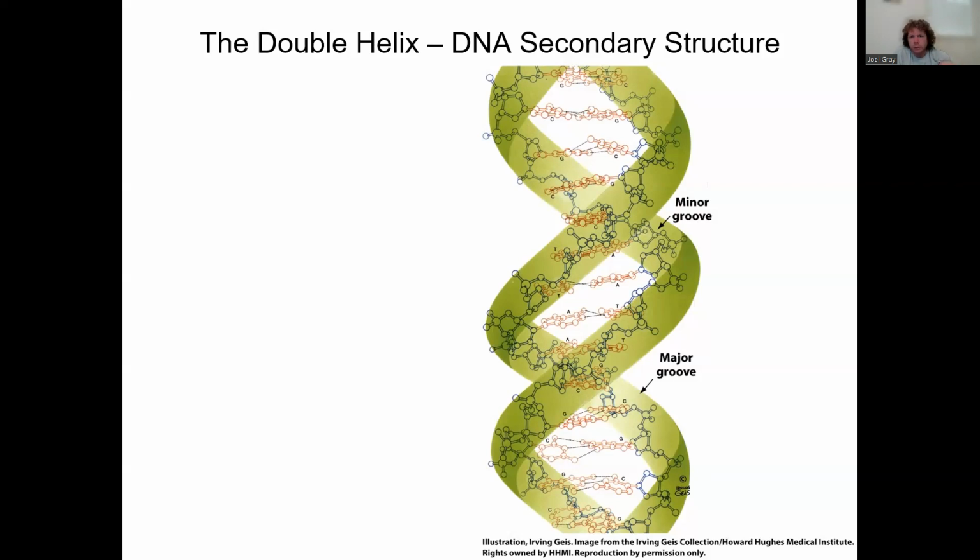Then two other researchers took that work and published a paper that proposed the double helix as the structure for a DNA molecule. Rosalind Franklin sadly passed away before she could be recognized and awarded a Nobel Prize.